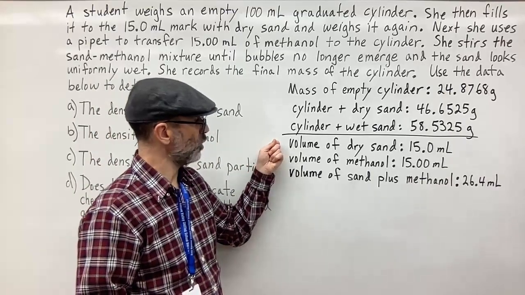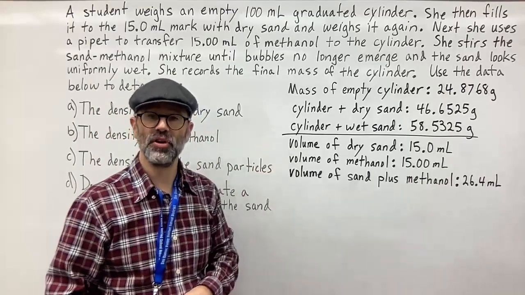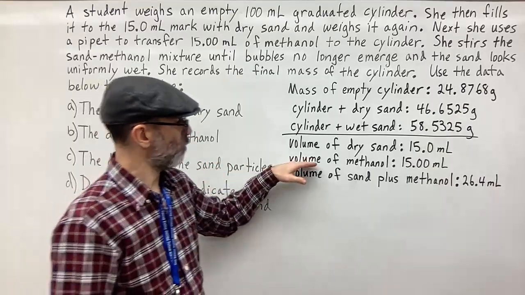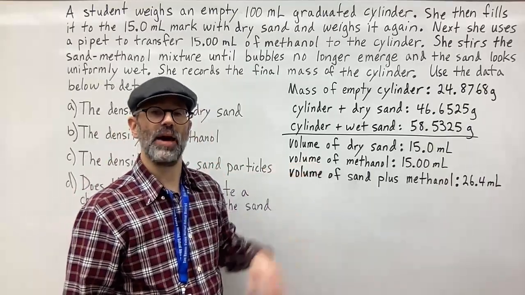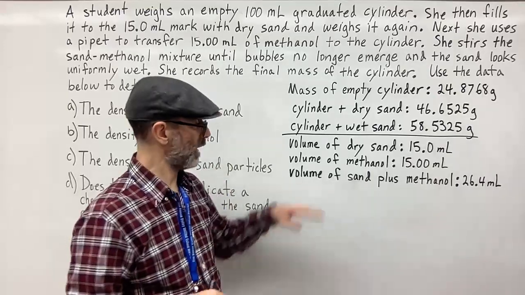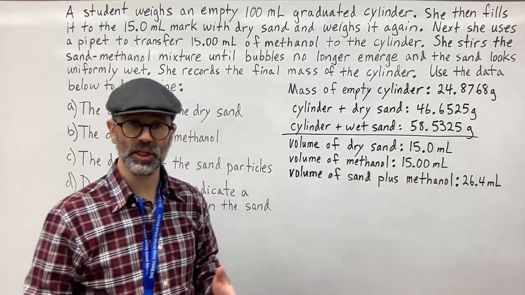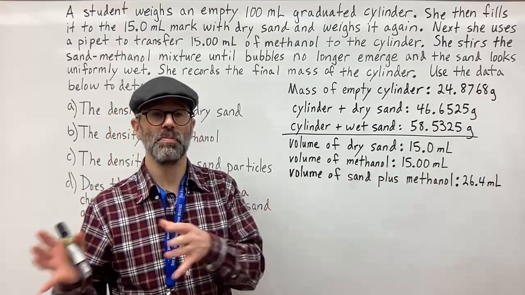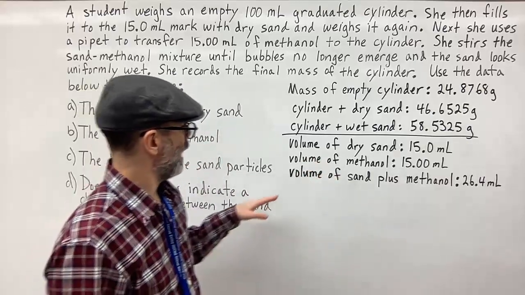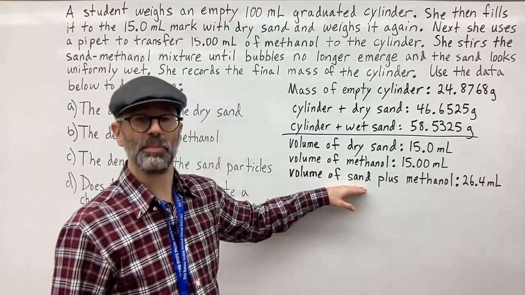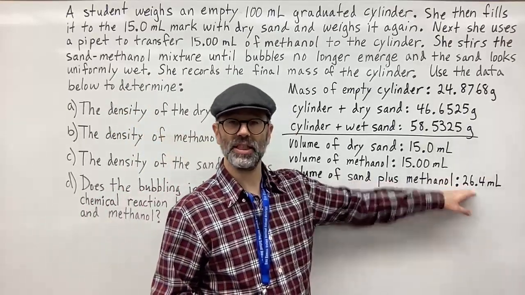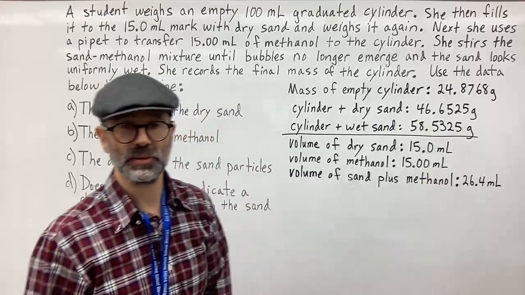The volume of the dry sand was 15.0 milliliters in the graduated cylinder. The volume of the methanol added using a 15 milliliter pipette is obviously 15.00 milliliters, because she used that pipette to measure and transfer it. And the volume of the sand plus the methanol in the graduated cylinder turns out to be 26.4 milliliters.